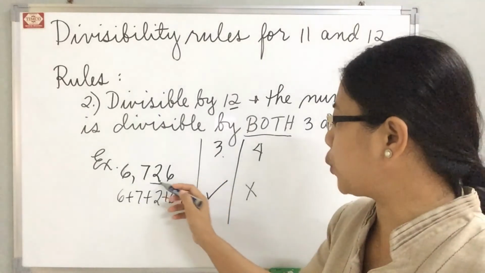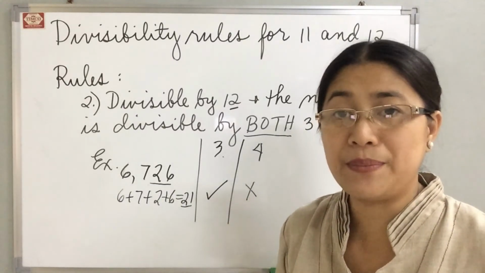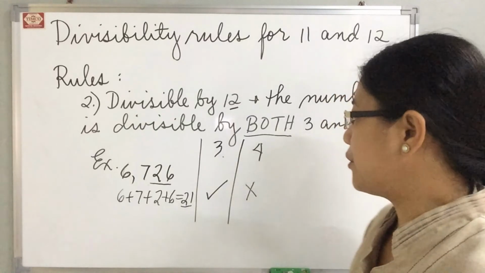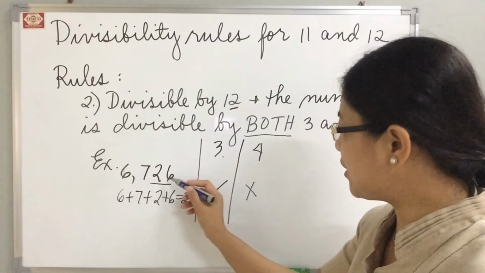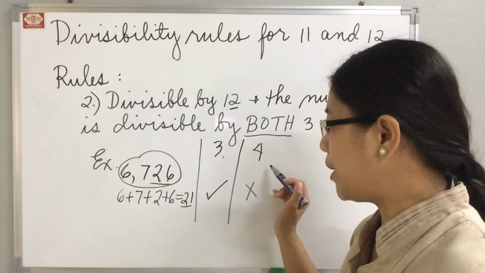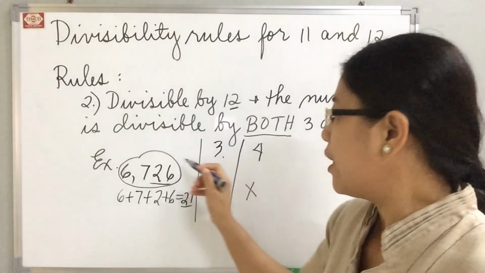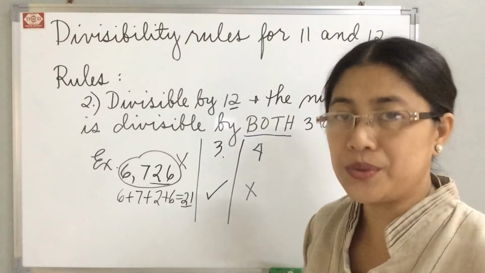Because when we divide 26 by 4, it will give us a quotient with remainder. Okay? So therefore, based from our table here, this number is only divisible by 3 and not by 4. Therefore, this number is not divisible by 12.